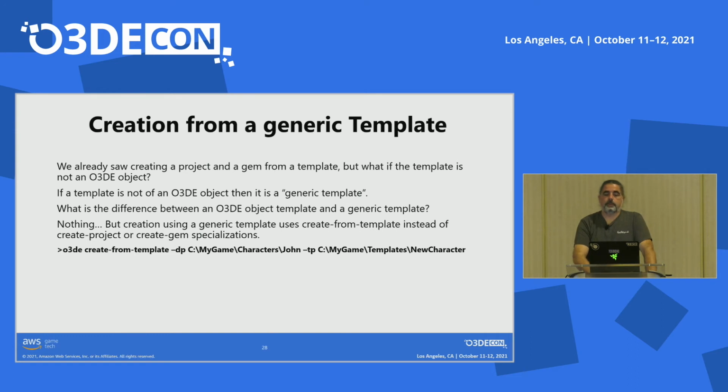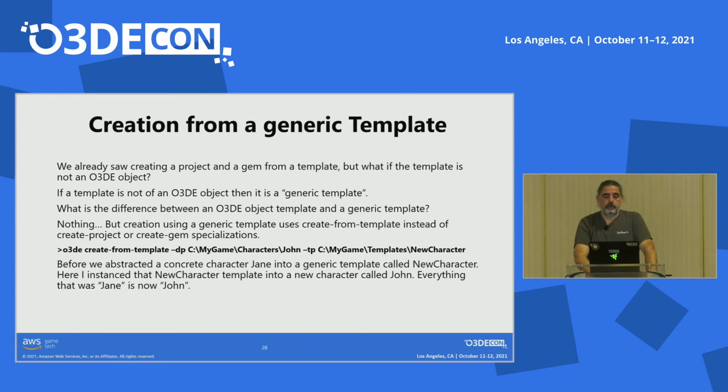So on this line, I'm going to create from a generic template. So instead of using create gem or create project, I'll use the other keyword, which is create from template. In this particular case, I'm going to set my destination path to be C:\MyGame\Characters\John. And I'm going to use that character template that I just made called new character.